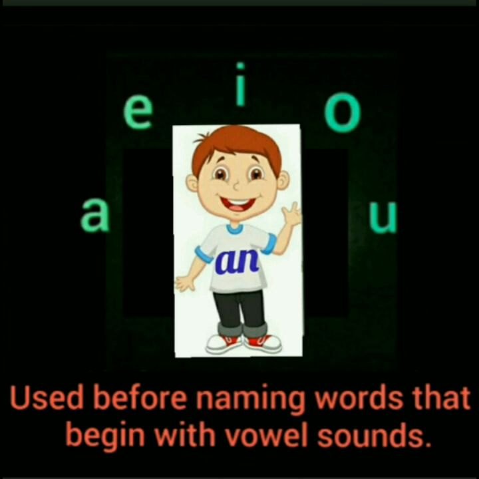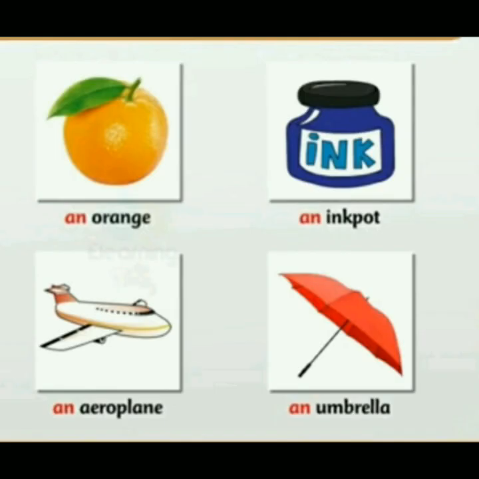Means जब कोई भी word vowel sound A, E, I, O, U से start होता है तो हम उसके आगे AN यूज करते हैं. फॉर एग्जाम्पल an orange, an ink pot, an aeroplane, an umbrella.